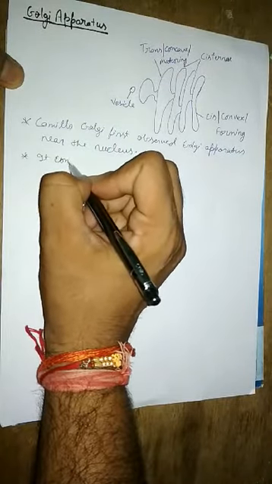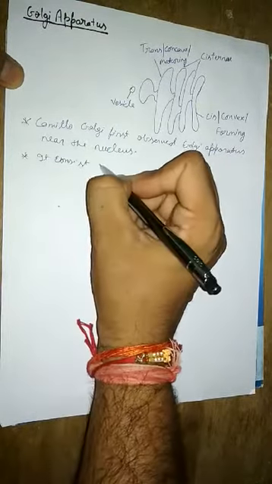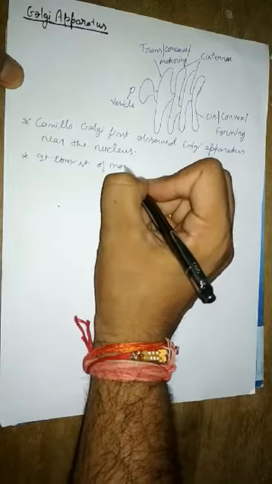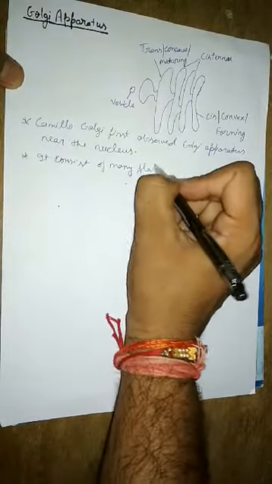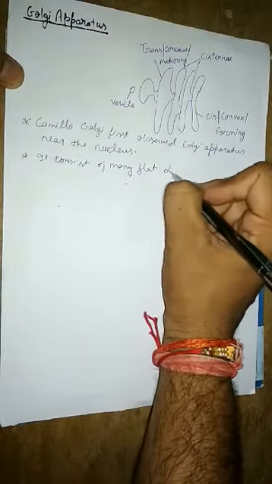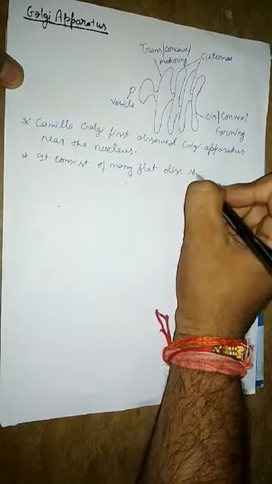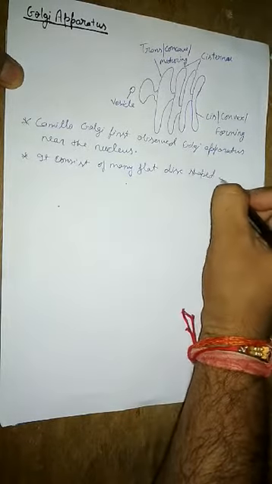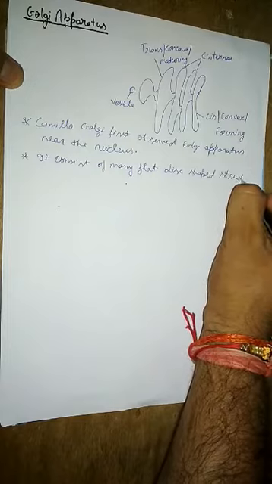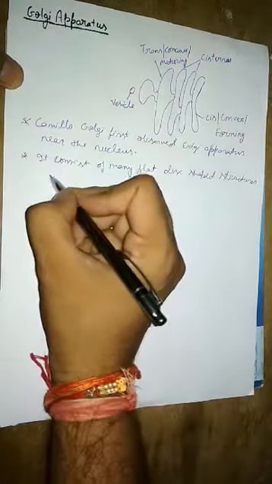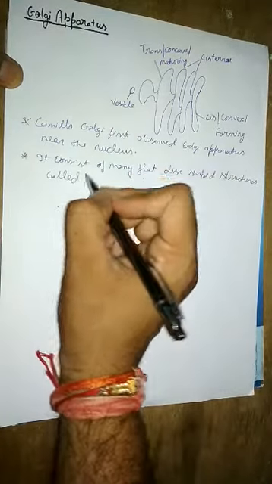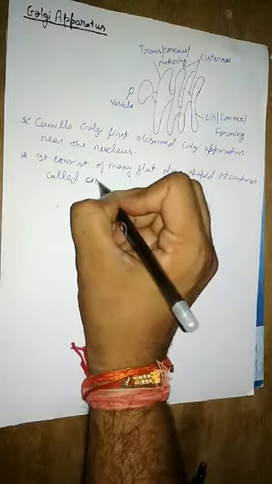It consists of many flat, disc-shaped structures called cisternae.